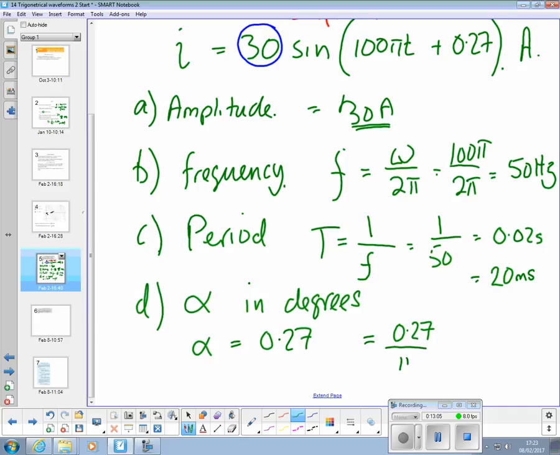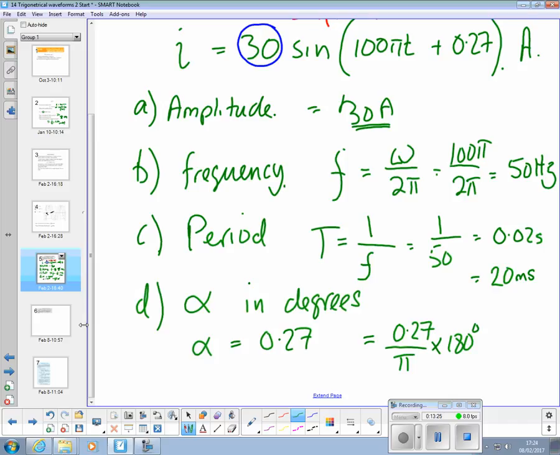Divided by pi times 180. Pi radians is 180 degrees. So you can use either 0.27 over 2 pi times 360 or 0.27 over pi times 180.